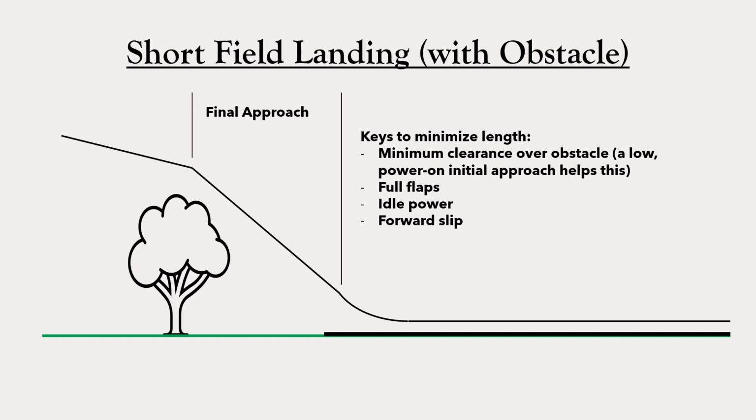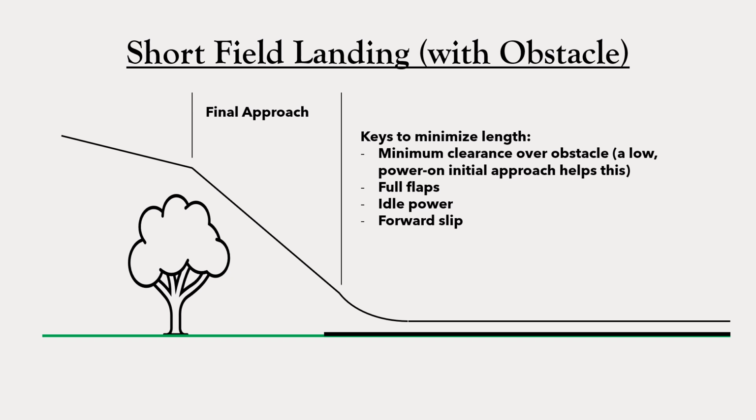If we clear the obstacle by 100 feet, then we're going to use more distance to get to the runway than if we cleared that obstacle by 10 or 20 feet. So we want to clear it by enough to give us a little margin of safety for imperfect technique or gusts or something, but no excessive amount.